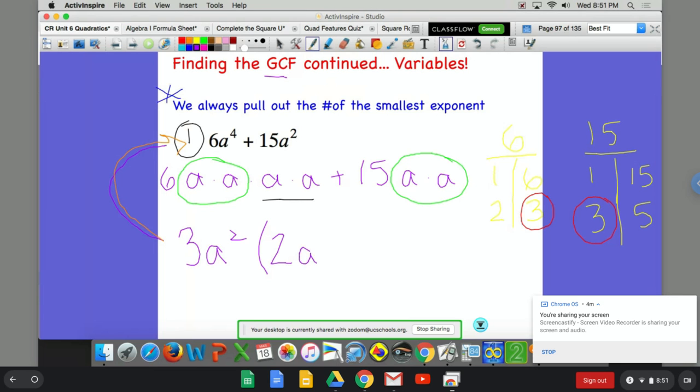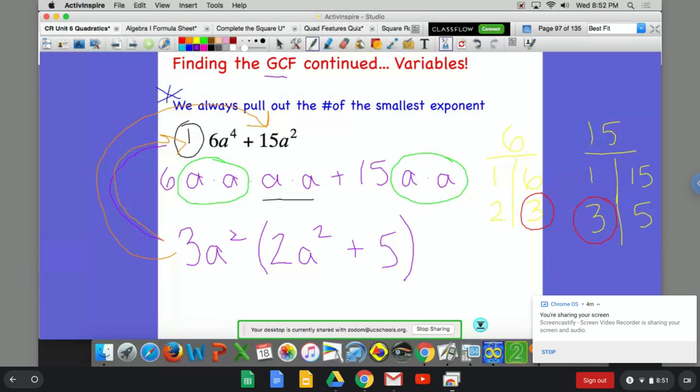So we have 2a squared plus 3 times what will give me 15a squared. So 3 times 5 will give me 15. And since we already have 2 a's, we're done.